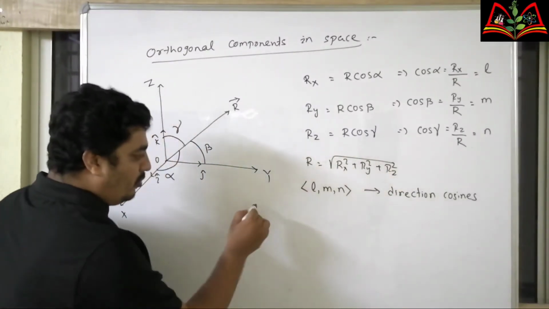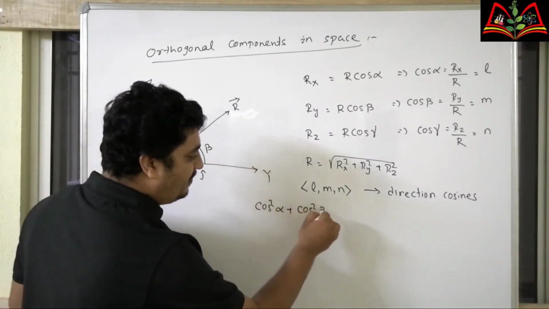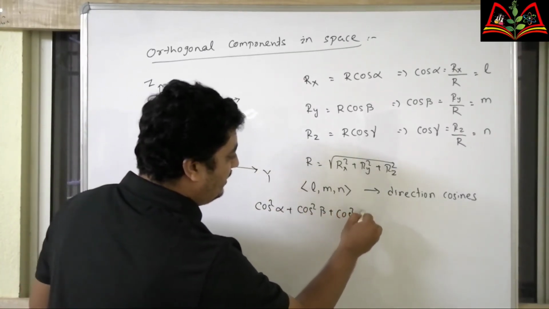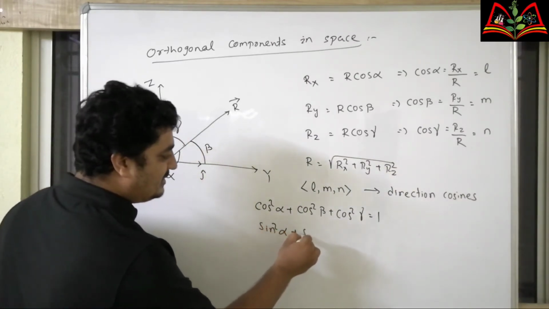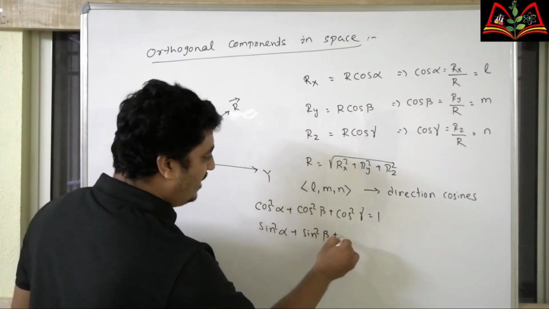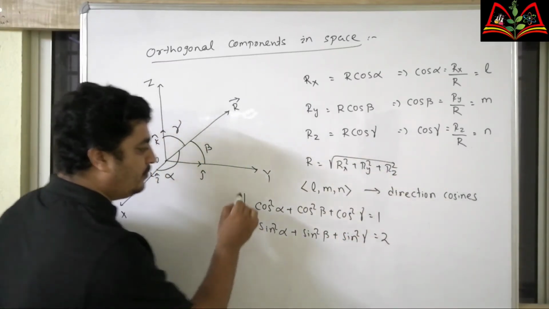Now you all know that cos square alpha plus cos square beta plus cos square gamma is equal to 1. Sin square alpha plus sin square beta plus sin square gamma is equal to 2.